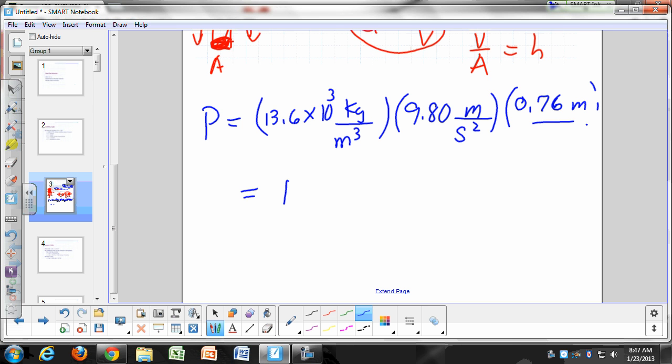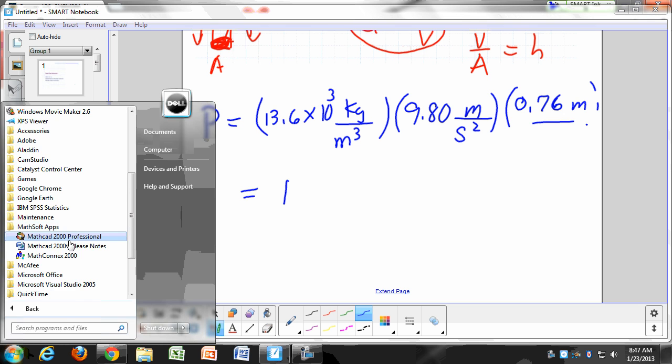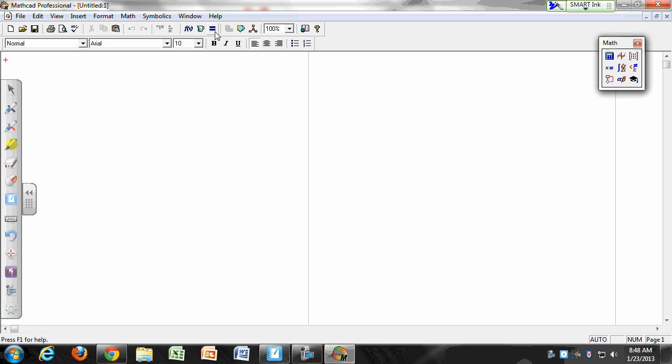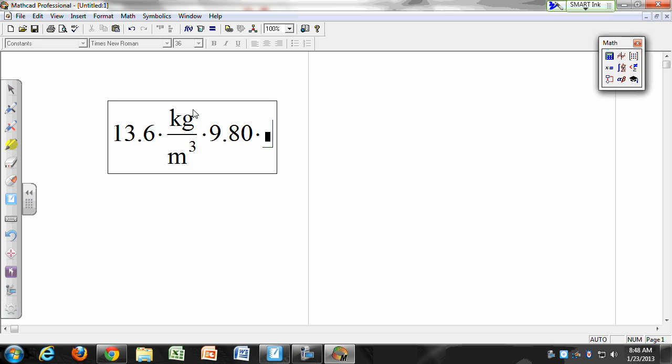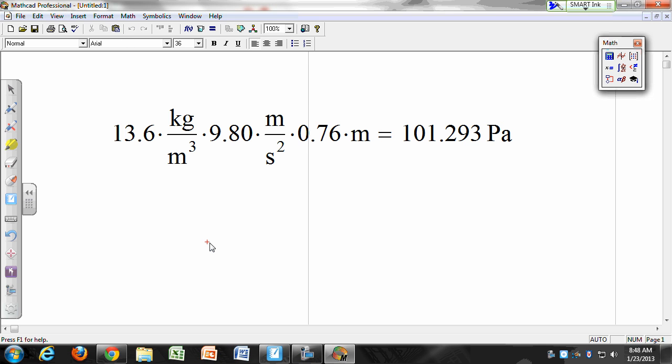Let me pull up MathCAD. 13.6 kilograms per cubic meter times 9.80 meters per second squared times our height of 0.76 meters, and that gives us 1.01 times 10 to the something pascals.